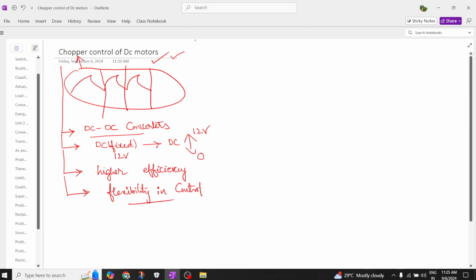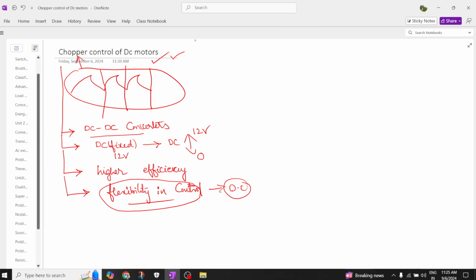By using choppers, we can control the speed of a DC motor. Compared to the conventional armature voltage control method and field current control method of DC motor speed control, by using a chopper we can control it in a flexible manner. That's why it is said that choppers have flexibility in control.